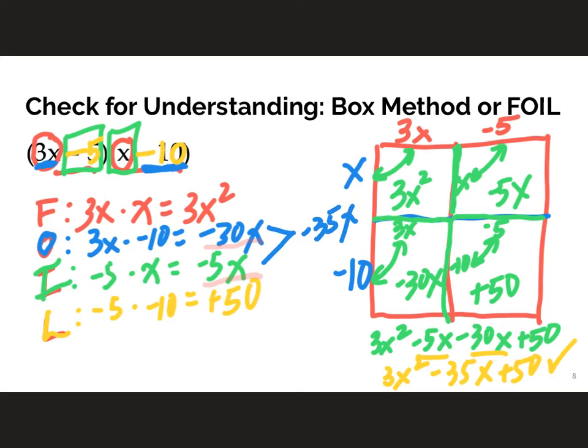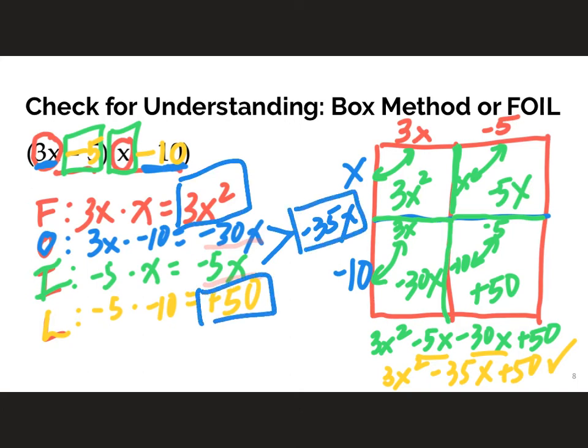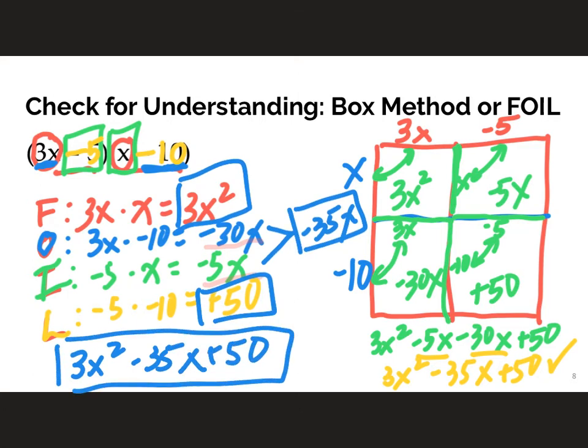So my terms at play are 3x squared, negative 35x, and plus 50, right? So my final expression should end up being 3x squared minus 35x plus 50, right? Lo and behold, I get the same expression that I got with the box method.